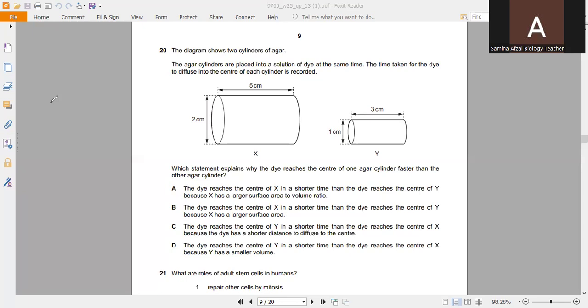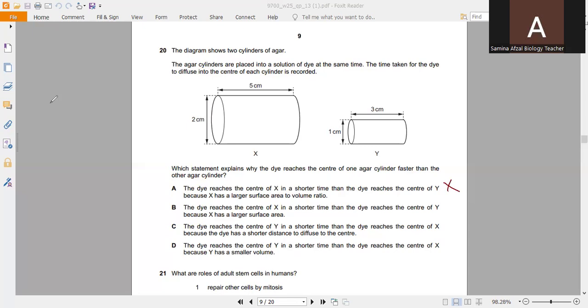The dye reaches the center of X in a shorter time than the dye reaches the center of Y because X has a larger surface area to volume ratio. Statement A is not correct because the dye reaches the center of Y faster, not X, because the surface area is larger for Y, not X, because of its small size. So statement A is not correct.